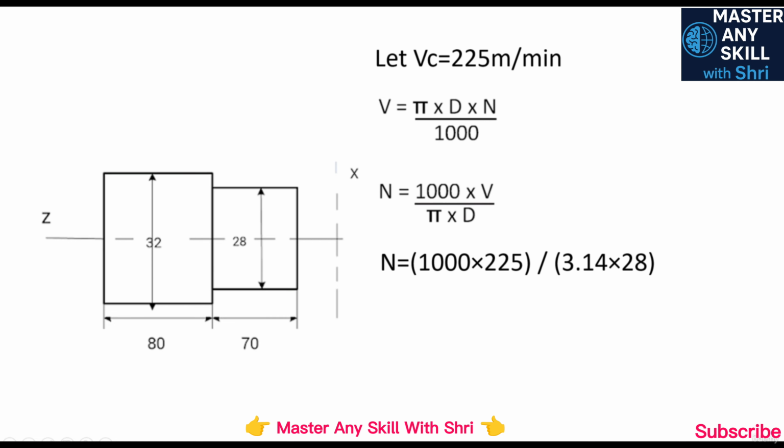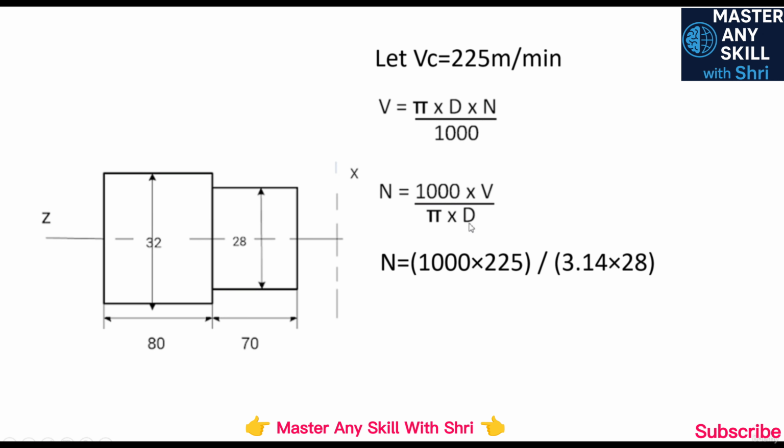N is equal to 1000 into cutting speed. Our cutting speed is 225 meter per minute, so put this 225 value in the formula, divided by pi. Pi has the value 3.14, which is constant, so put this value as well.